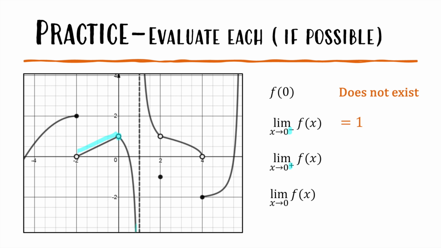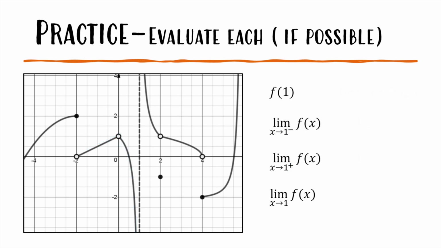The graph is getting closer and closer to 1 again. So because 1 and 1 are the same number, the left and right limits both agree, so we can say that the limit as x approaches 0 of f of x equals 1. It never actually gets to 1, but that's where it's headed.